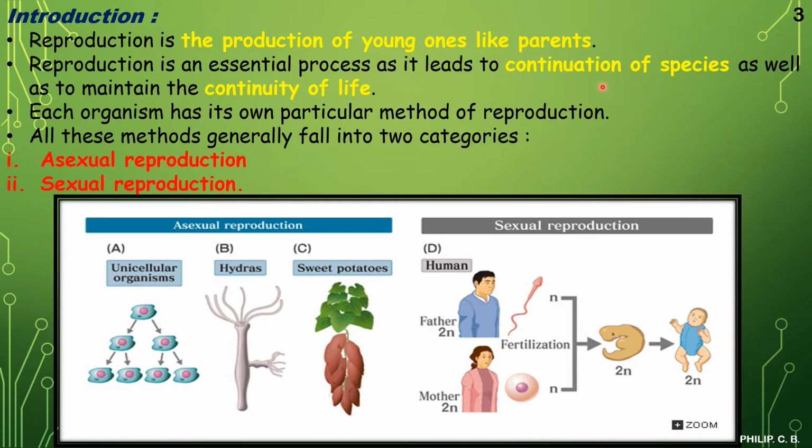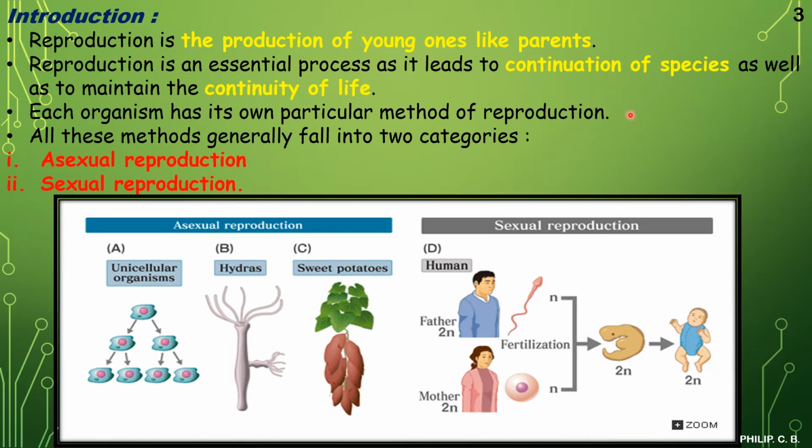If the species don't continue, or from the parents the offspring and from the offspring the further generation does not take place, after certain period of time the species may get eradicated. Also it helps in the continuation of life. So this continuity of species helps in continuation of life, and this also leads to further variation, evolution, etc. Each organism has its own particular method of reproduction.